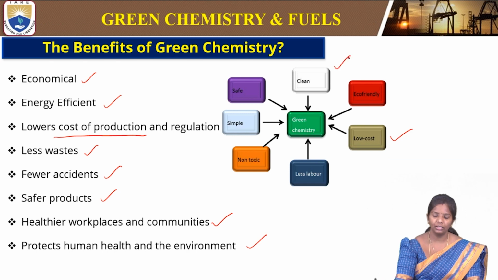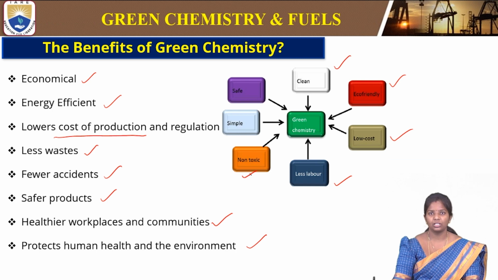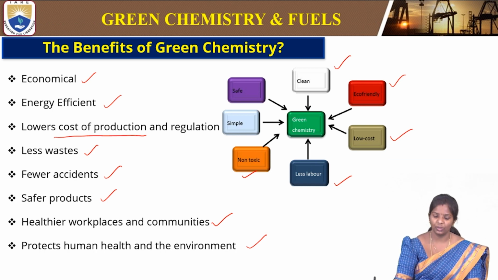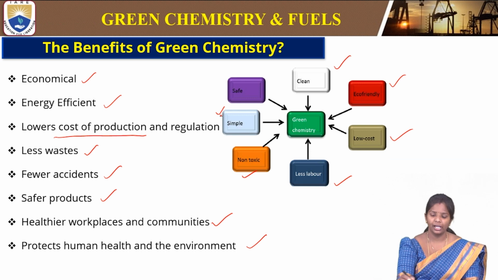It gives clean products, eco-friendly process, then less labor is required if we are using less hazardous substances. Then non-toxic byproducts or waste will be generated. Then simple procedures and safe to use. The products should be non-toxic, or the byproducts obtained from these processes should at least be minimized.